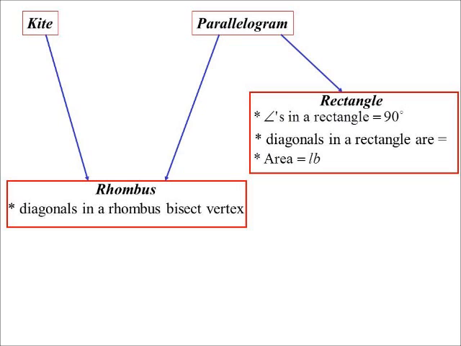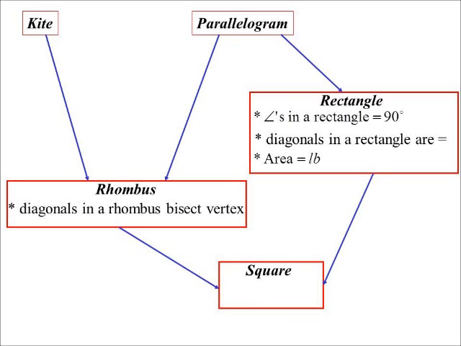And then we have, I guess, the perfect quadrilateral, the square. And it doesn't really have any of its own features other than all the features of the ones above it. And that is that area is equal to s squared, if you wanted to.